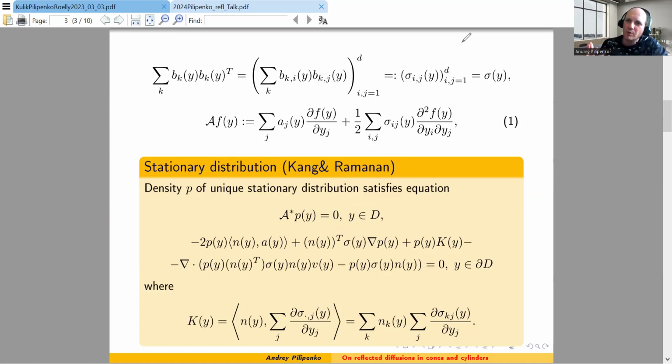of transition probability density function. And theoretically, this transition probability density function satisfies the Kolmogorov equation, some parabolic Kolmogorov equation with some boundary conditions.